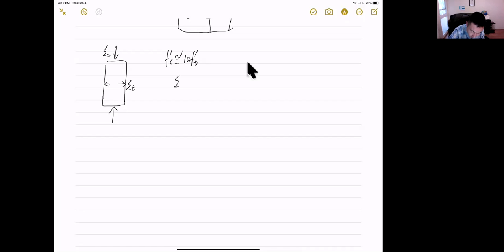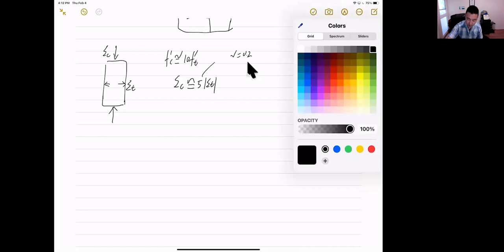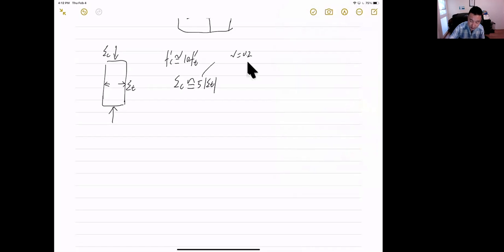But the strain under compression, epsilon C, is only around 5 times the strain under tension. So why is it 5 times? Because if we assume a Poisson's ratio of 0.2, the strain in the tensile direction will be 0.2 of the strain in compression.